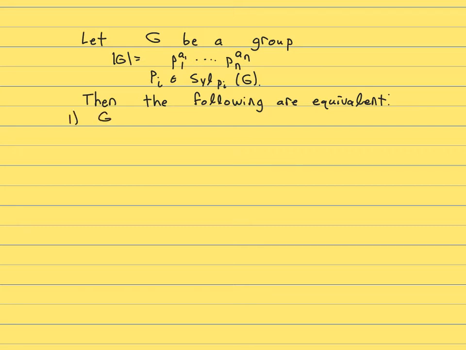The first one says G is nilpotent, which means, as we saw, that the upper central series is finite, has finite length, and ends in G.